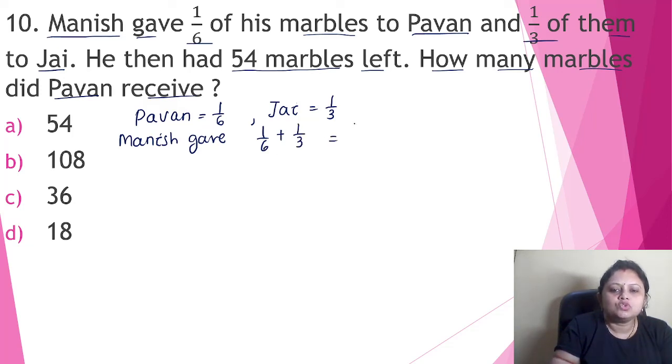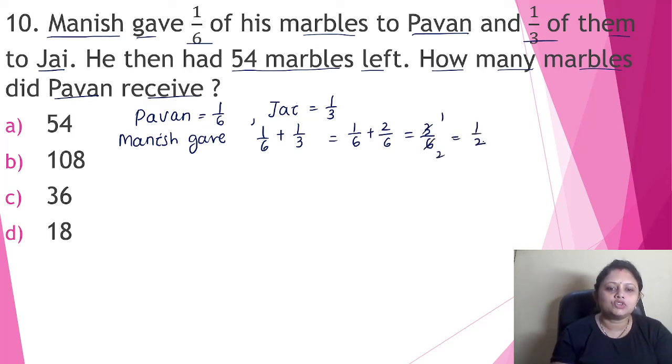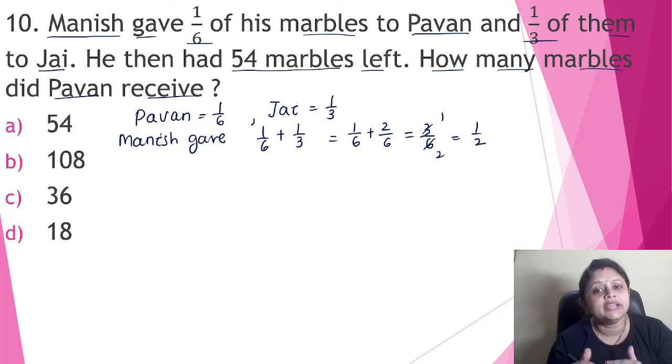So it is equal to 1 by 6 plus 2 by 6 because the LCM of 6 and 3 is 6. So it is equal to 3 by 6 and we can cancel it with 3, that is 1 and 2. So it is equal to 1 by 2. So Manish gave 1 by 2 of the marbles to Pawan and Joy in total.